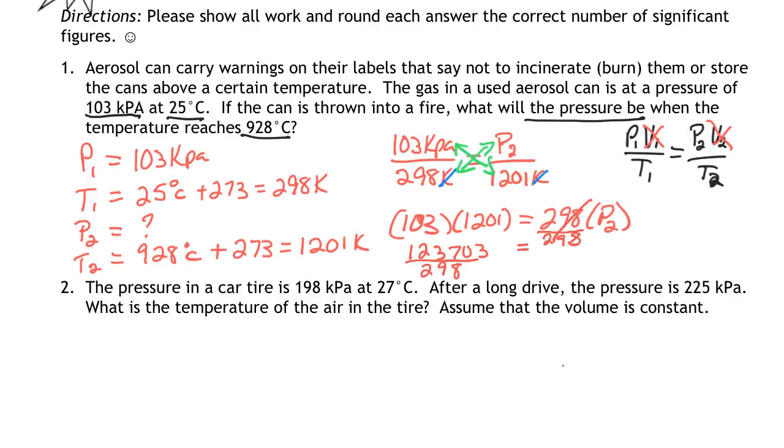And when I do that, I'm going to get my answer, which is my unknown is going to be 415. Now I also have to look at my significant figures. I have two significant figures, so I'm going to need to round this, which means my final answer is going to be 420 kPa. Let me put a box around that.